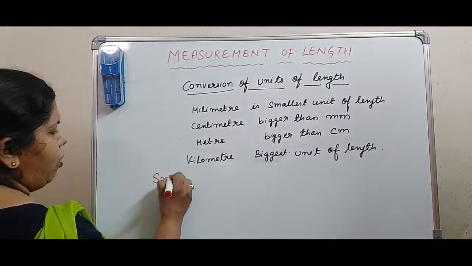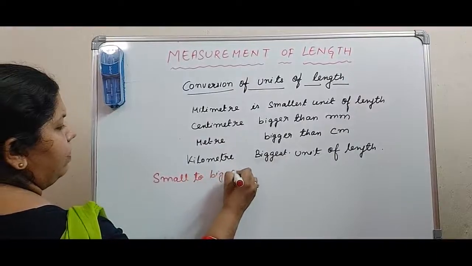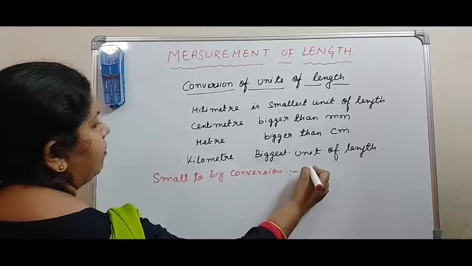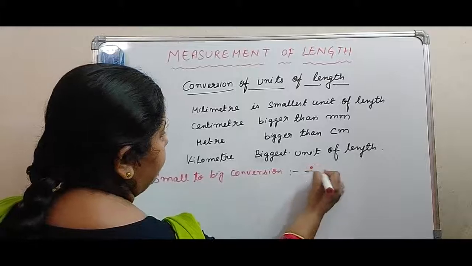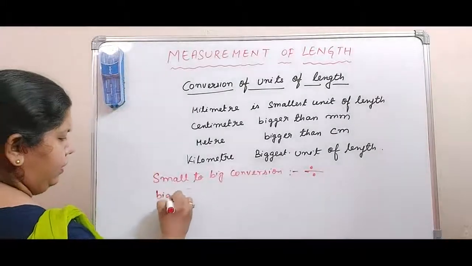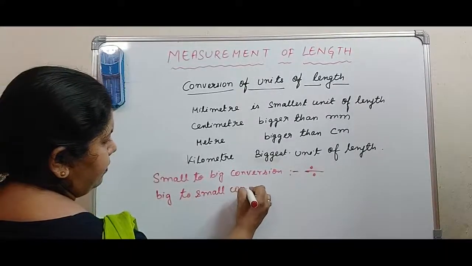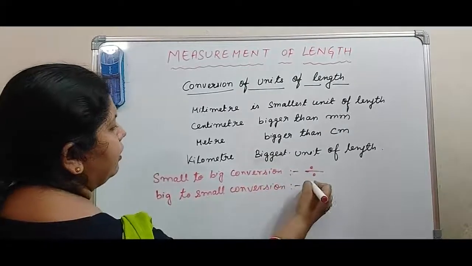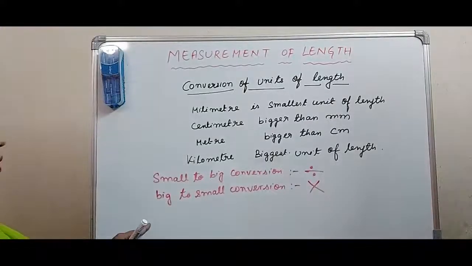That is small to big conversion, division. And for big to small conversion, we use multiplication. I hope this thing is clear to you.